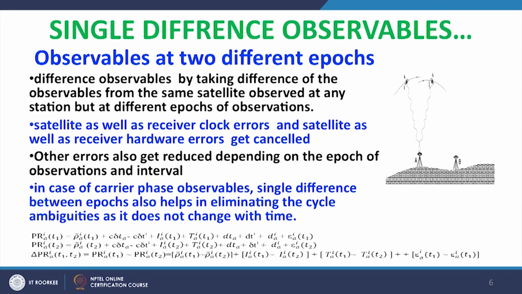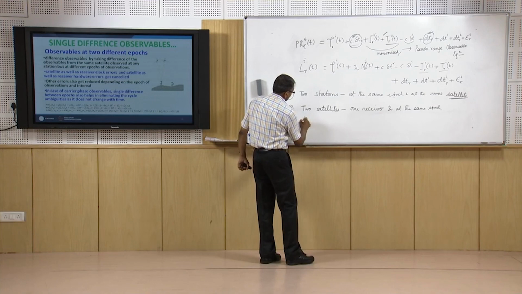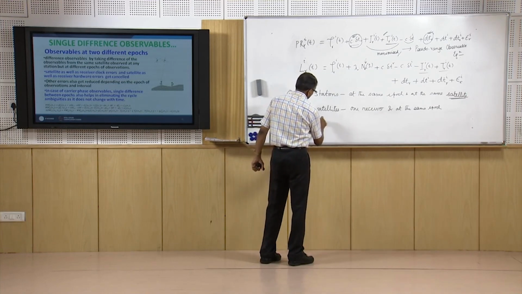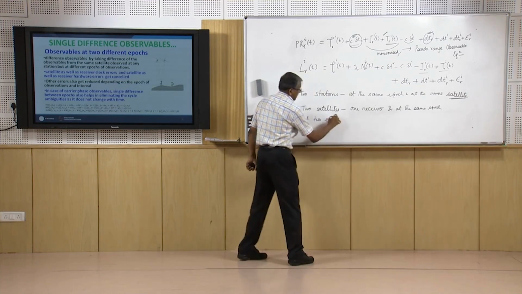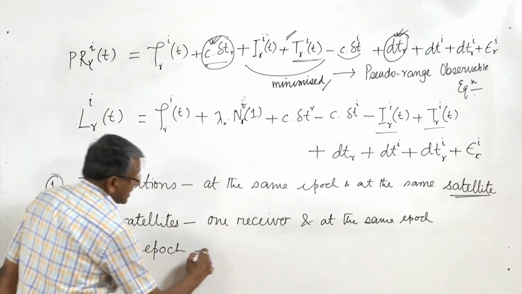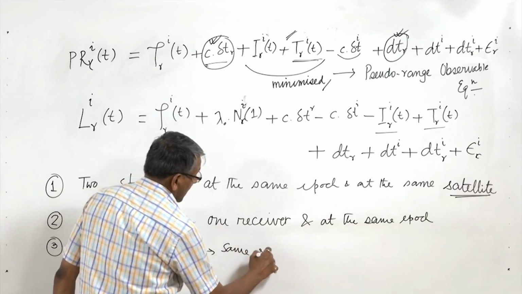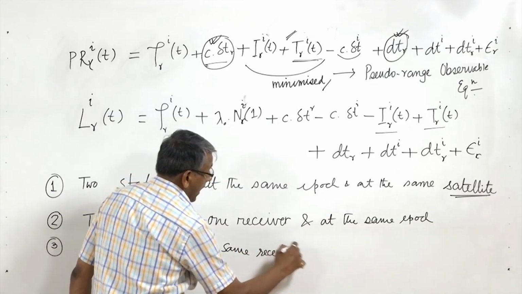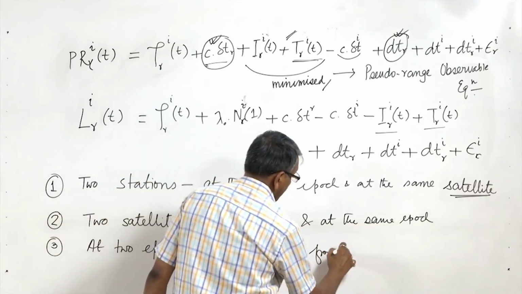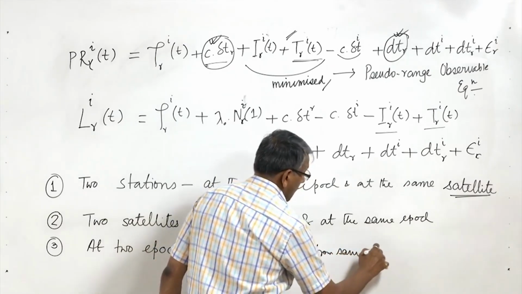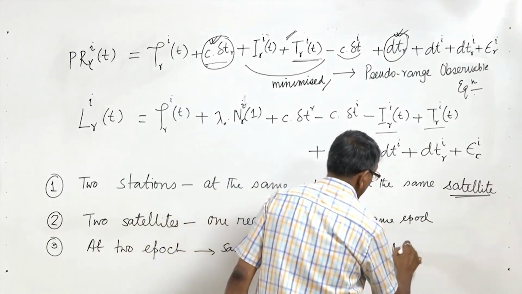Now the next type, the third one, is that we take the observation at two different epochs, but the signal is coming to the same receiver from the same satellite.